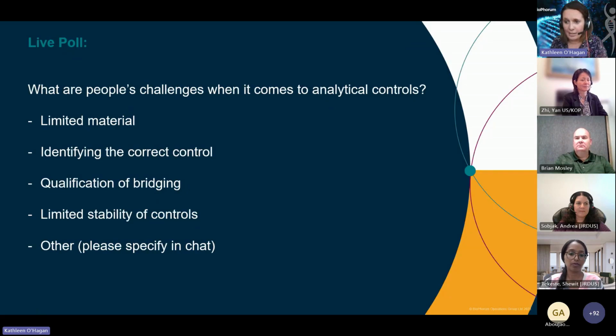And if it's other, please drop into chat as well to clarify what that is. This is a ranking question, so you should be able to shift your priorities up and down the screen. So if you rank what you think the highest challenge is versus the one maybe not so critical, we'll look at that in a minute as well. That'd be great.